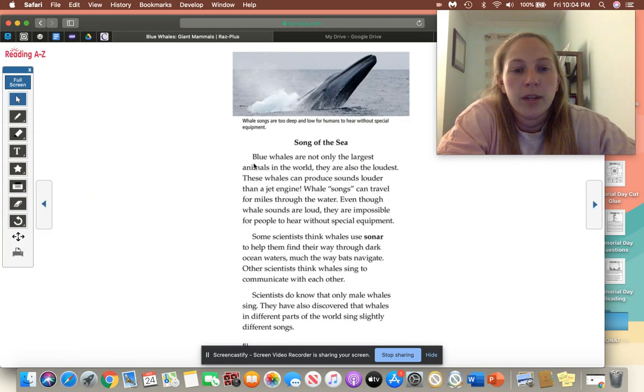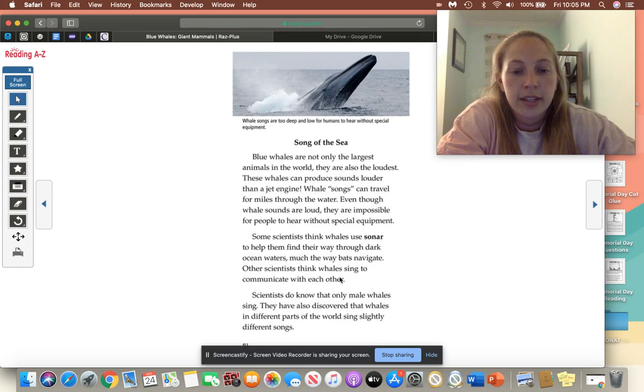Song of the sea. Blue whales are not only the largest animals in the world, they are also the loudest. These whales can produce sounds louder than a jet engine. Whale songs can travel for miles through the water. Even though whale sounds are loud, they are impossible for people to hear without special equipment. Some scientists think that whales use sonar to help them find their way through dark ocean waters, much the way bats navigate.